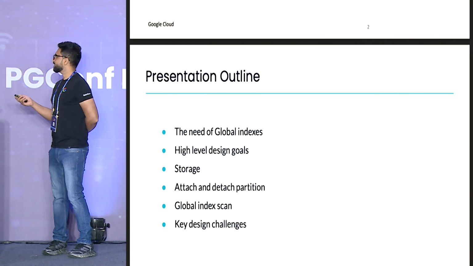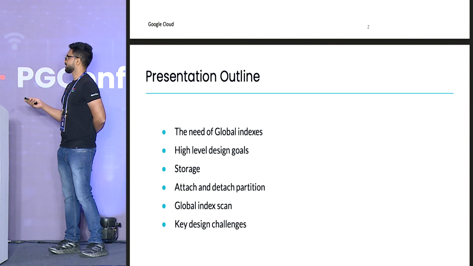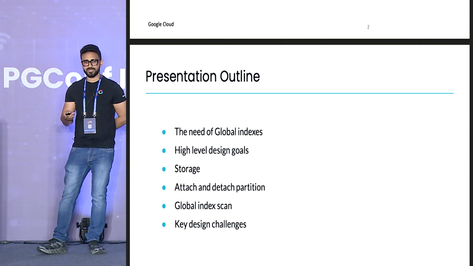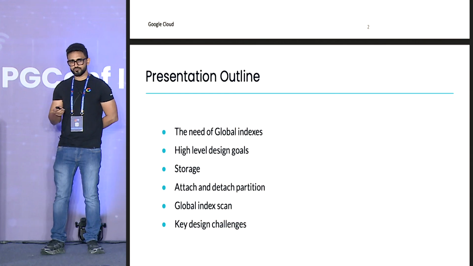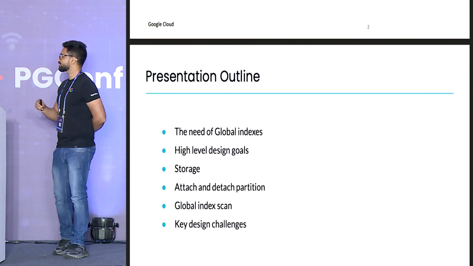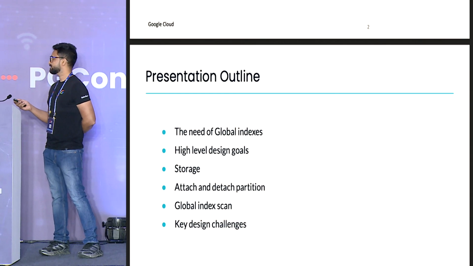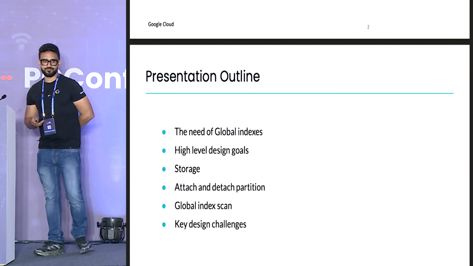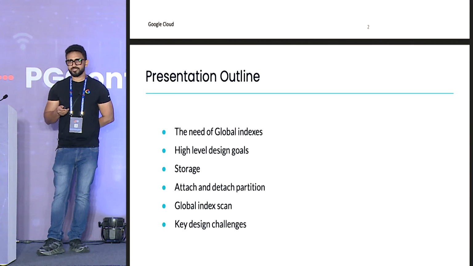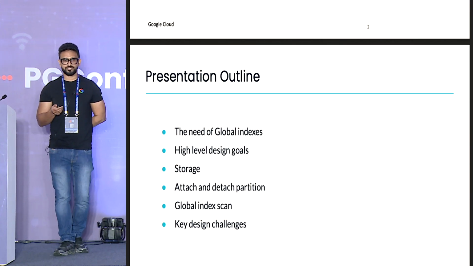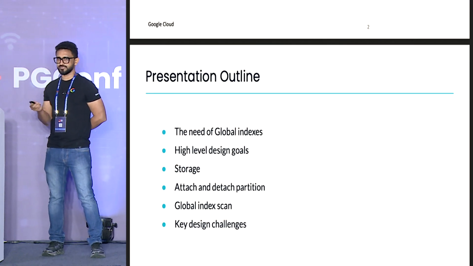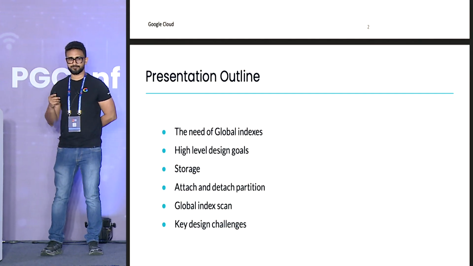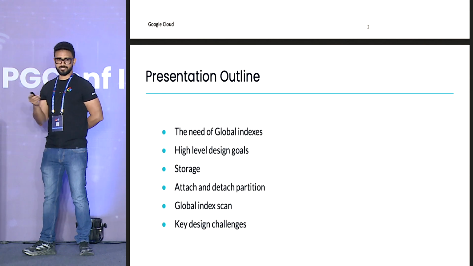Then we'll see the storage selection we have made for the global index, how we have implemented attach and detach partition, and how the global indexes work. With that, I think we will be done with the first part of the presentation. Then I'll move into the key design challenges, which are still open. We have a couple of potential solutions, but the solutions for them are not yet submitted anywhere in the community. But for the first part of the presentation, most of the code is submitted as a patch on the hackers list.